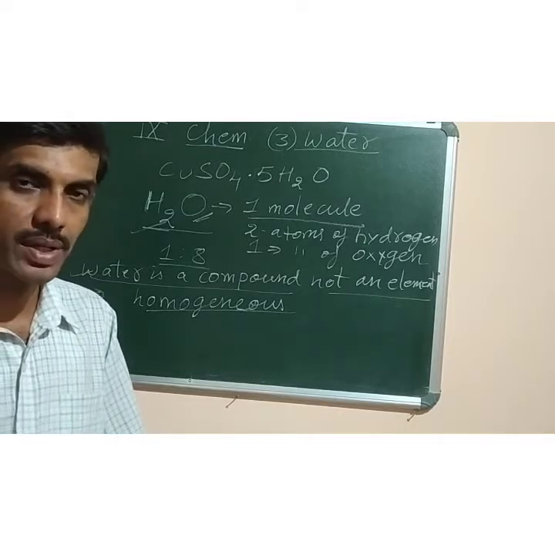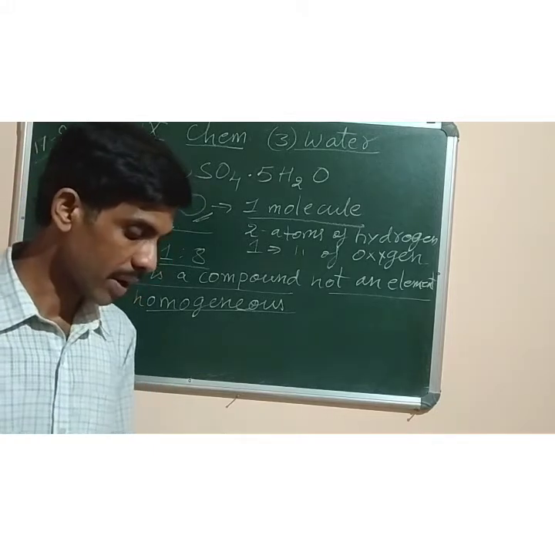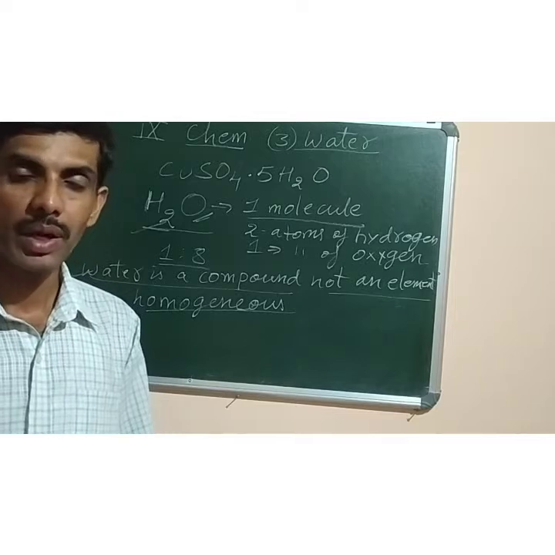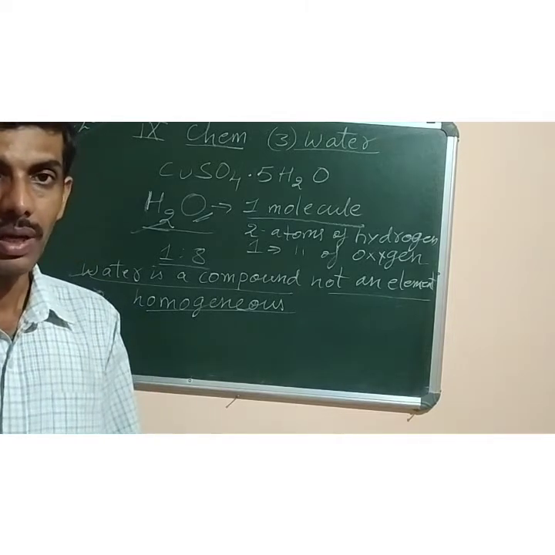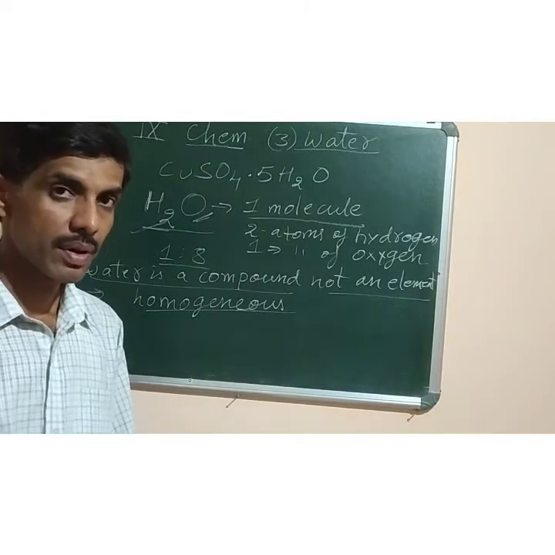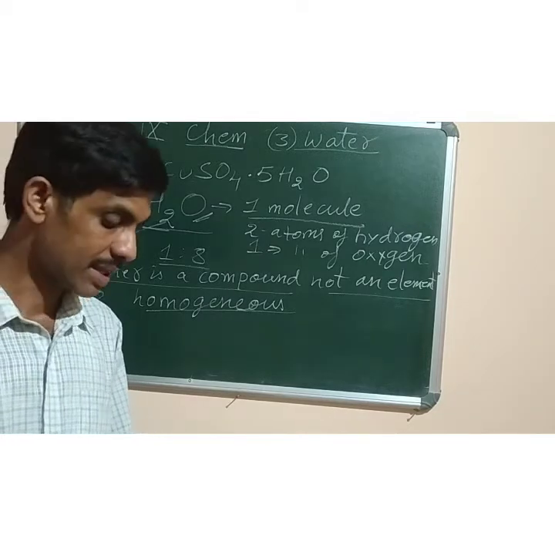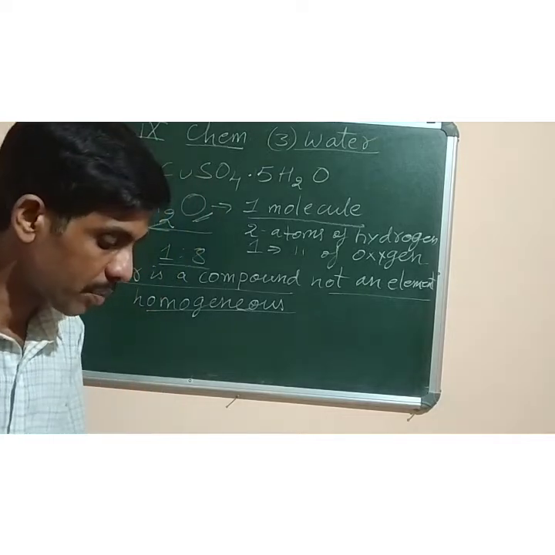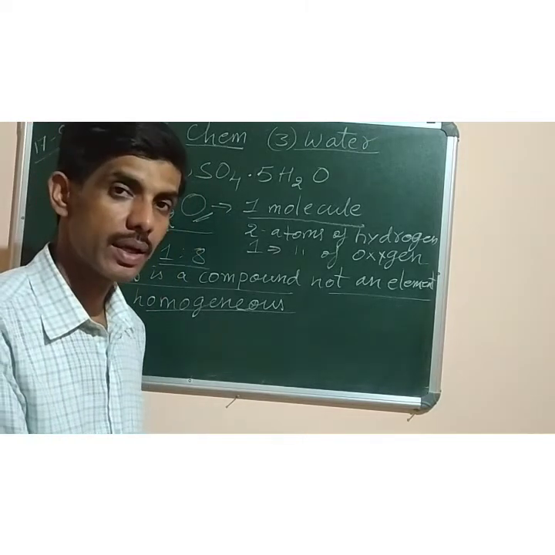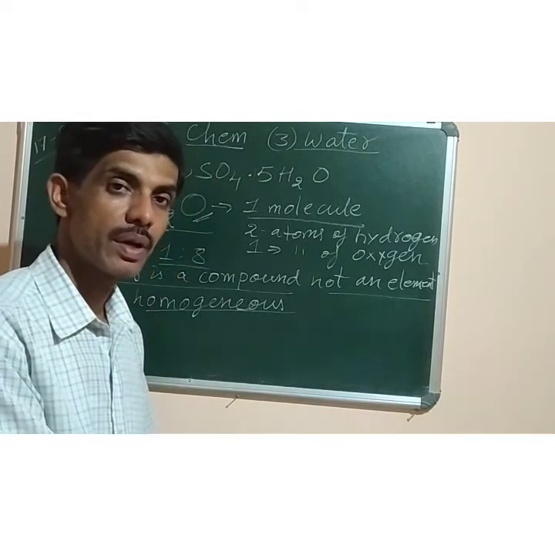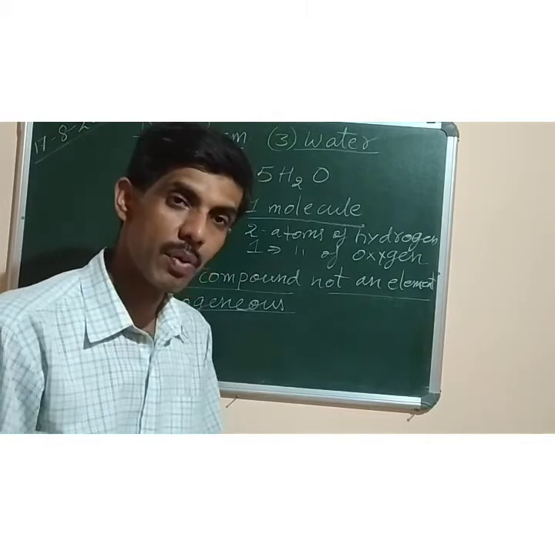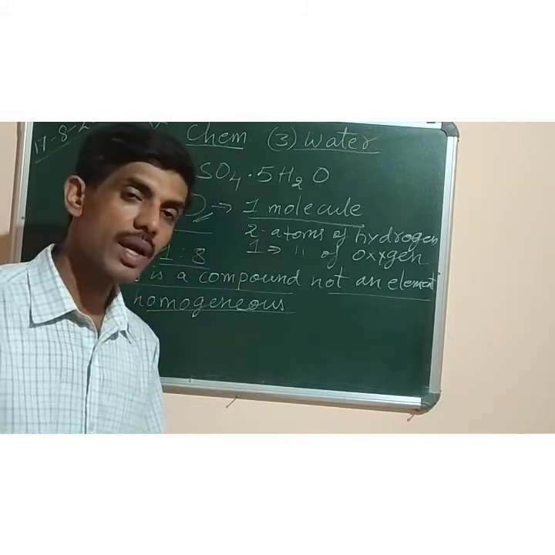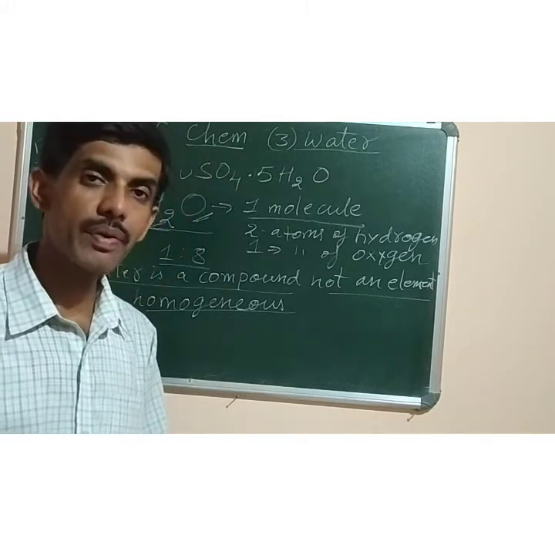Why does water show the universal solvent property? Number 1, the water molecule is polar in nature. So what is the meaning of polar in nature? It has different types of polarity. You have to understand the charges. Number 2, water molecules can form hydrogen bonds with the molecules of other compounds because hydrogen bonds are present in the water molecule. And third, water molecules can enter into chemical reactions with the molecules of other compounds.